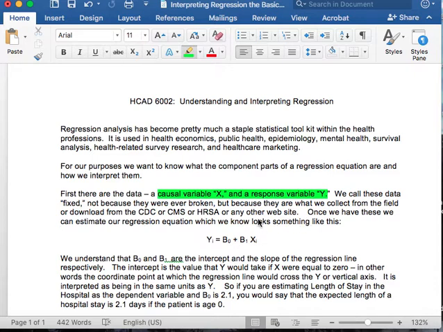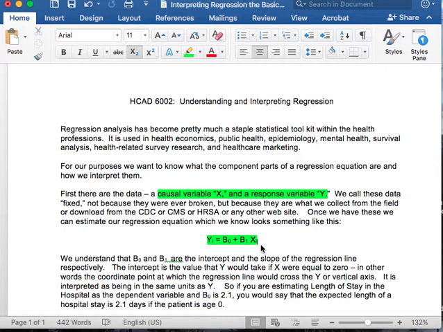But then we come to our basic data equation, which is that the response variable y is equal to the intercept, which I call b sub 0, plus b1 times the independent variable x1.